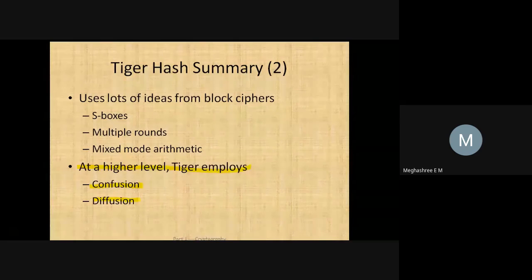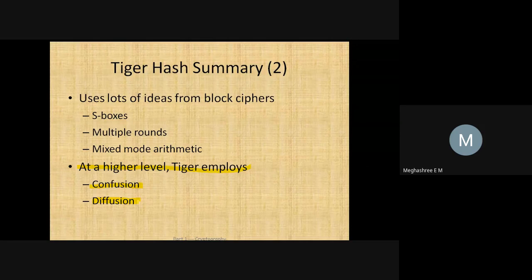In the first module, we discussed the basic design principles with respect to any crypto algorithm. It should consist of confusion and diffusion, right? What is confusion? Obscure the relationship between the plain text and the ciphertext, so it should not be known to the attacker. And what is diffusion?